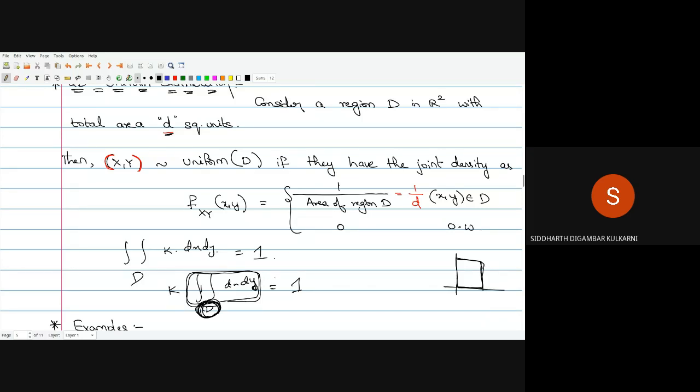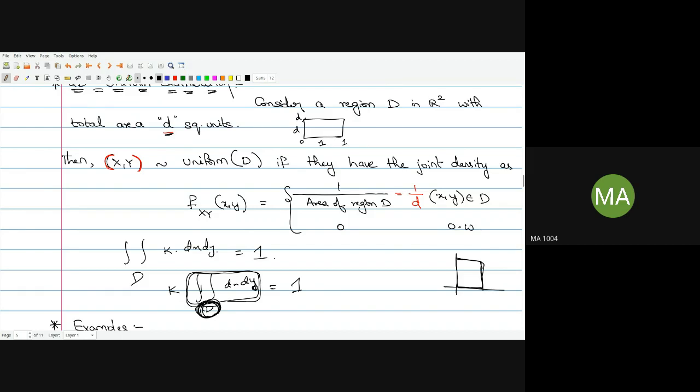So you can integrate from 0 to 1 and the outer integration from -2 to 2. And then you will get K as 1 by 4. Sir, it is the surface integral, so double integral. Okay, let me take it like this then. If I have given area as d square units, I will take x from 0 to 1 and y from 0 to d.